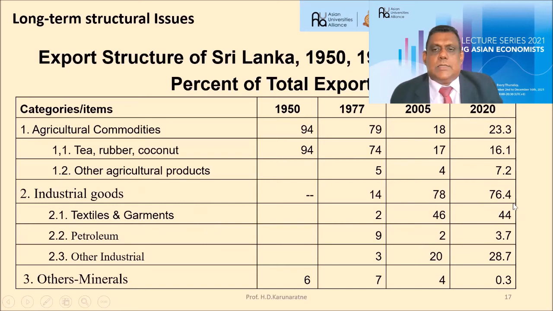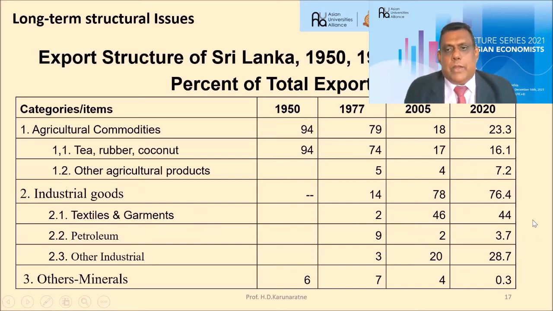So the industrial sector's contribution is now 76%, but out of total exports, 44% are exports going out as ready-made garment production. So our export structure is still concentrated in the garment industry, tea and rubber, coconut and other primary goods, or close to primary good exports. That is one of the fundamental mistakes we had to face and one of our structural issues.